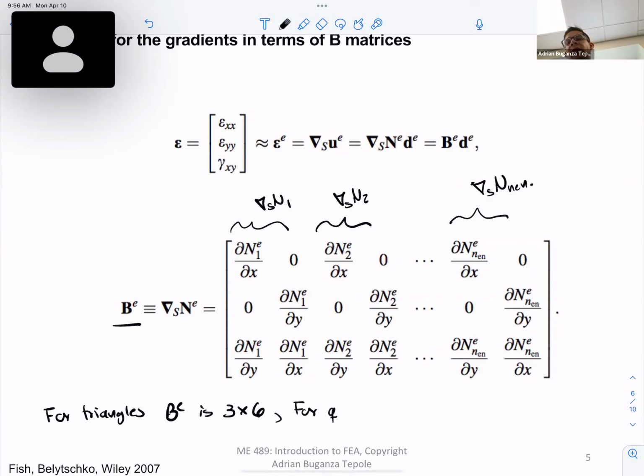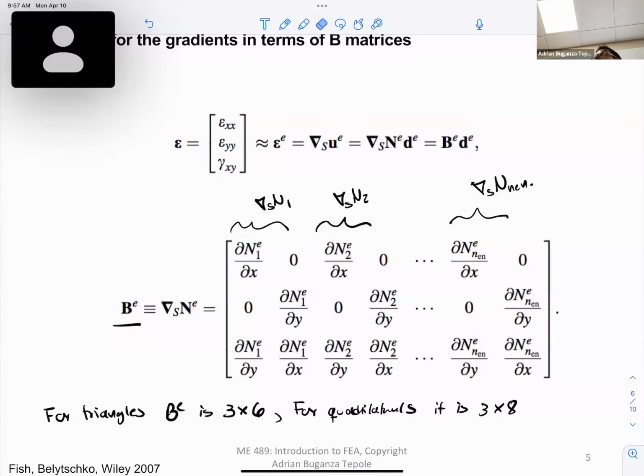For quadrilateral elements, at least the linear quadrilateral elements, what is the size of the B matrix? The 3 always stays the same, so it's 3×8. The 8 is because now you have 4 nodes, and every node has an X and a Y component.